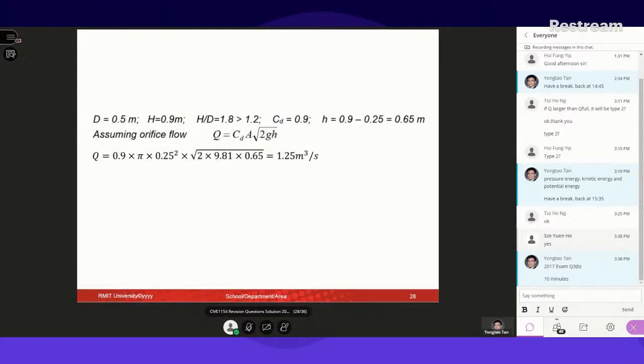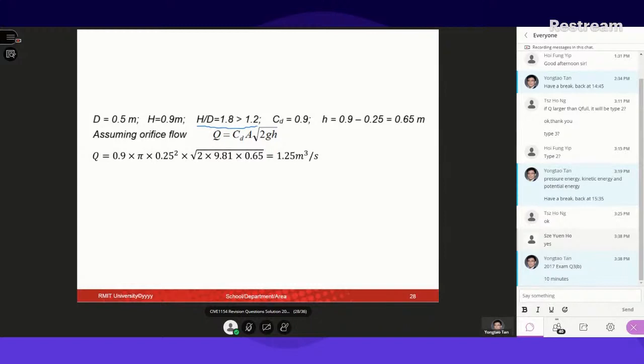These are the solutions for these questions. This is used to check whether the entrance is submerged or not. So you can see the entrance is submerged. Next we need to check whether it is type 1, type 2, or type 3.